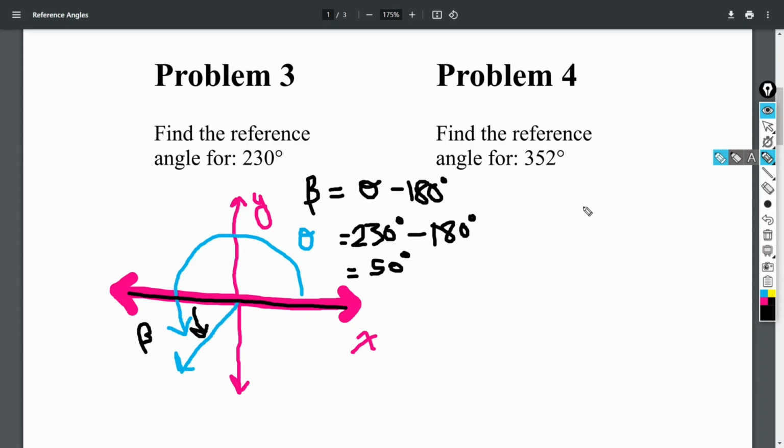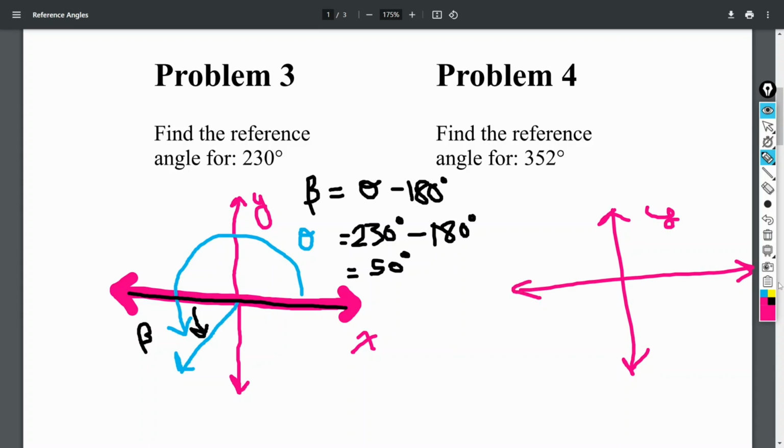Let's look at problem 4. So we'll draw our y-axis, our x-axis here, and our angle is almost going full circle. It's just 8 degrees shy of full circle. So our theta is this angle here, and our reference angle is this small angle here.